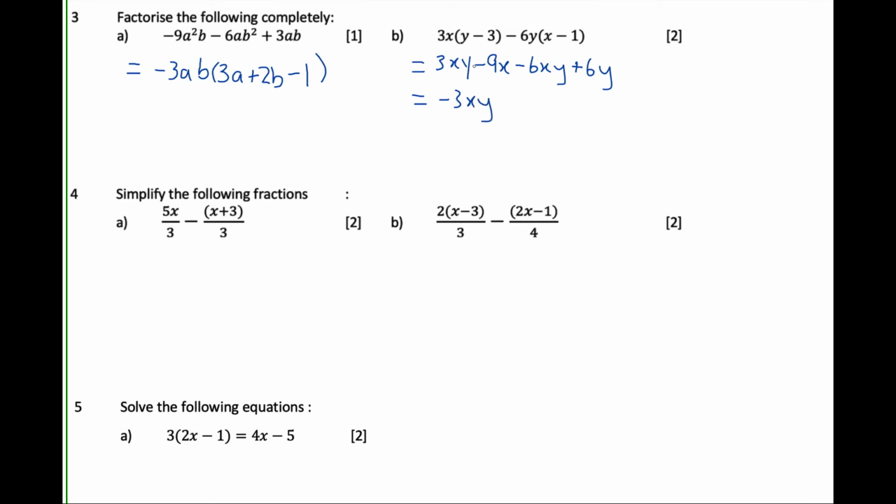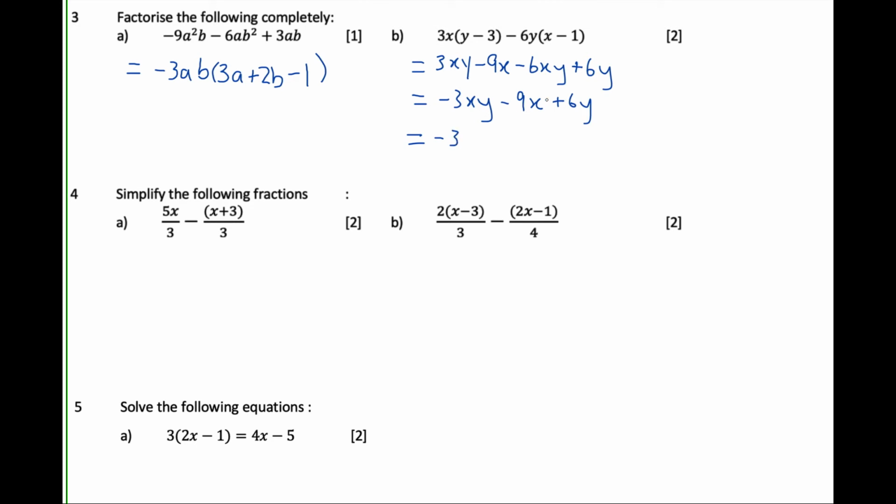Since there are no more like terms, we have negative 9x plus 6y. Once again, we have more negative than positive, so we take out the negative sign, and the common factor here is 3.